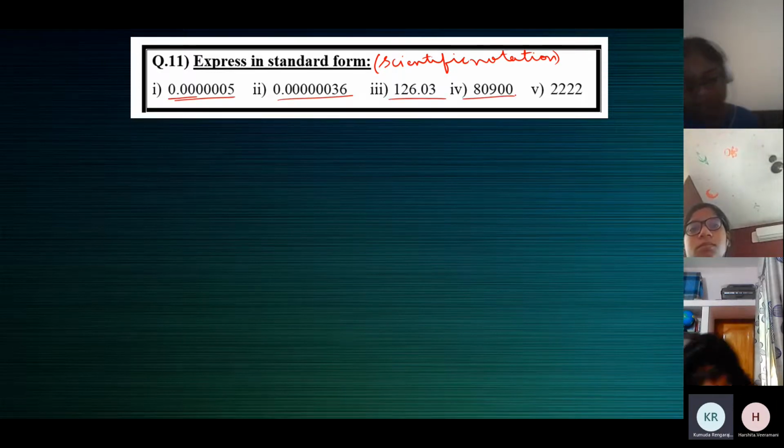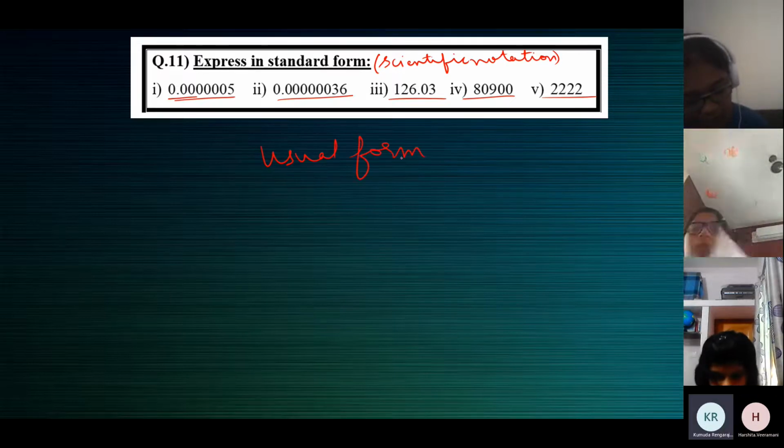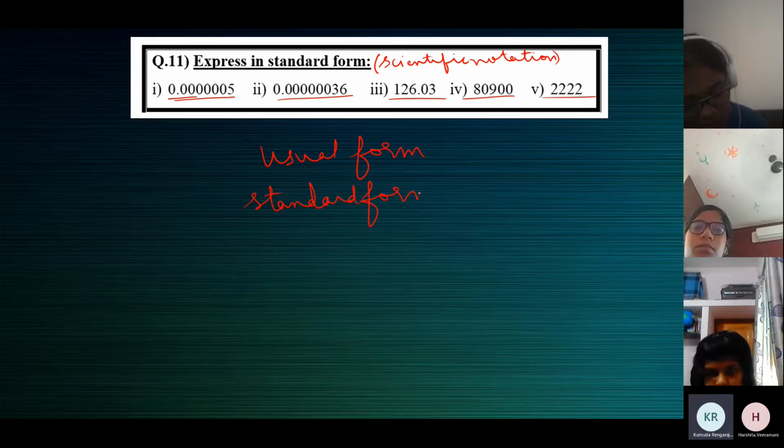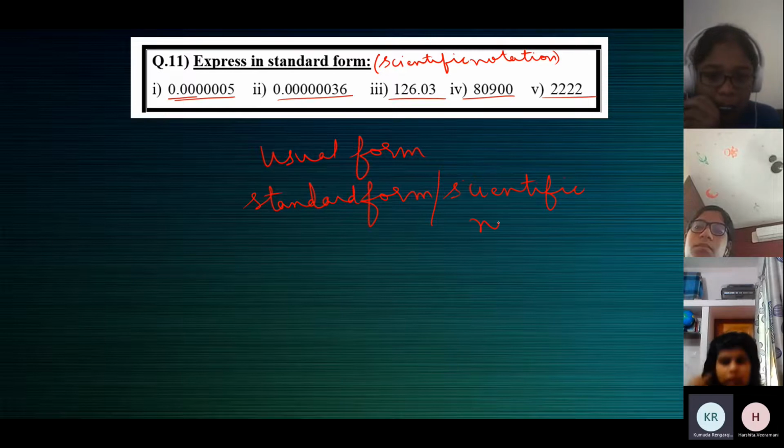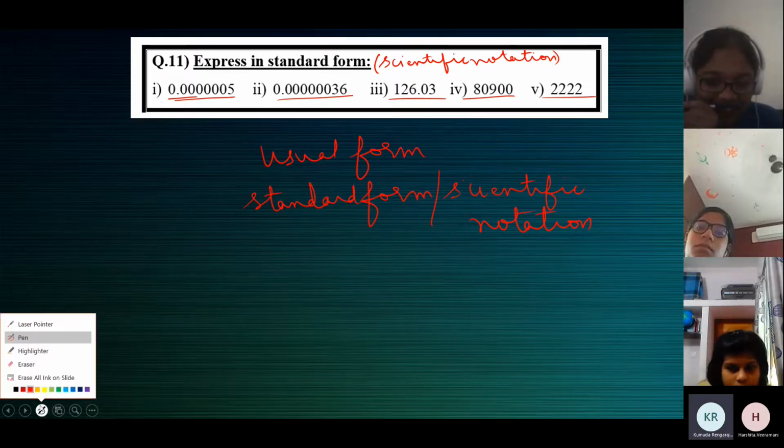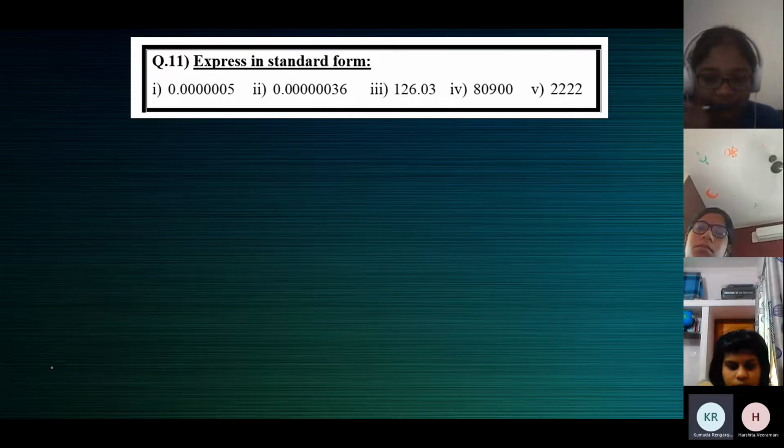The two ways of expressing numbers are the usual form, the regular form, and the other is the standard form, or the scientific notation. So express in standard form, standard meaning the scientific notation.